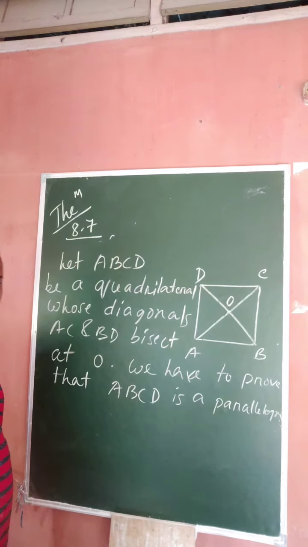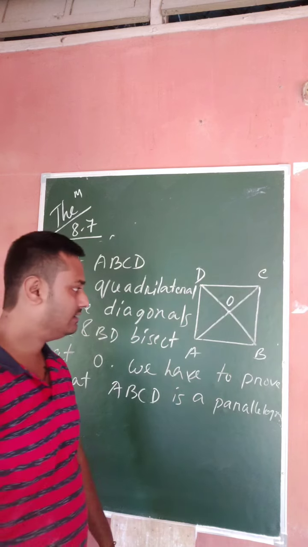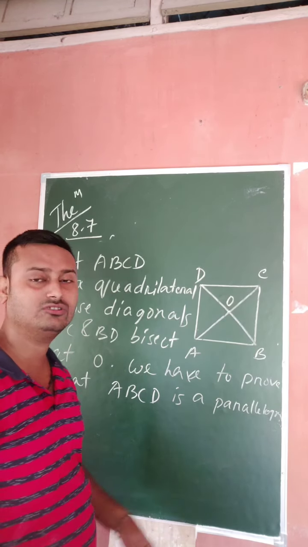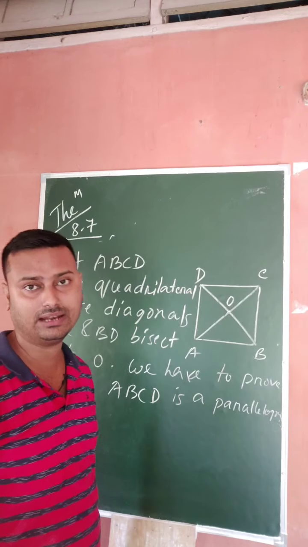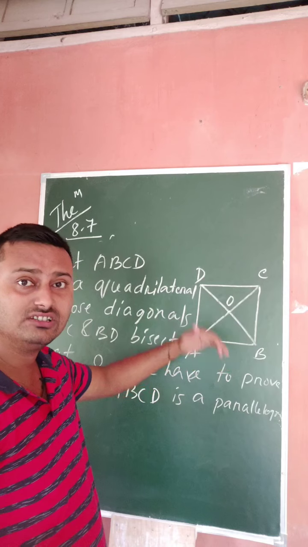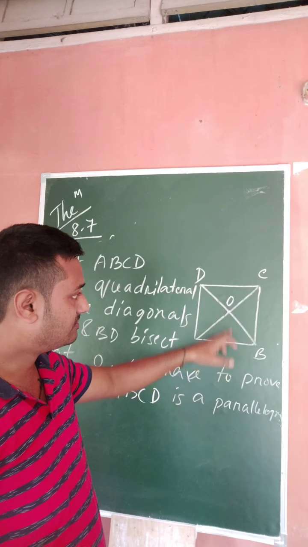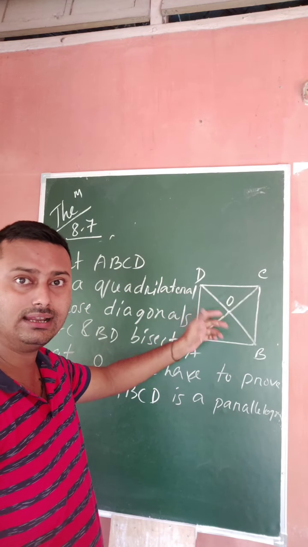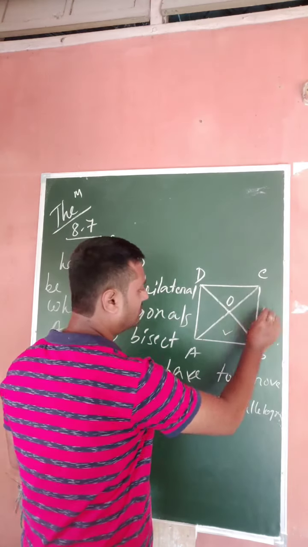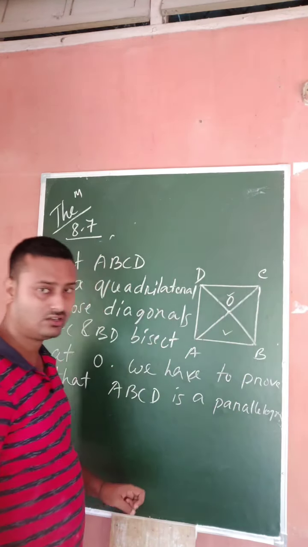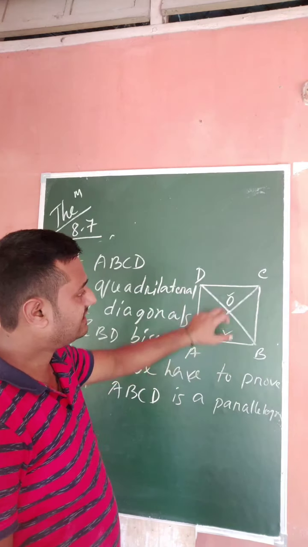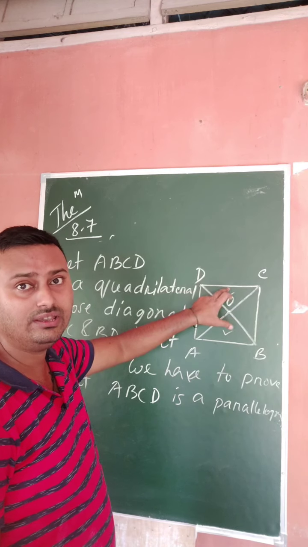All of you know that in a quadrilateral, if both pairs of opposite sides are equal, then it becomes a parallelogram. Or if one pair of opposite sides is equal and parallel, then it also becomes a parallelogram. Now if you prove these two triangles congruent, then automatically AB and CD will be equal.